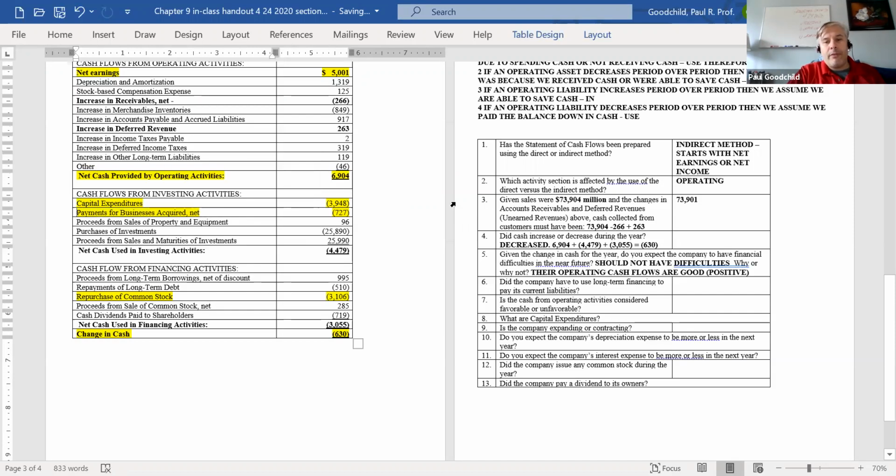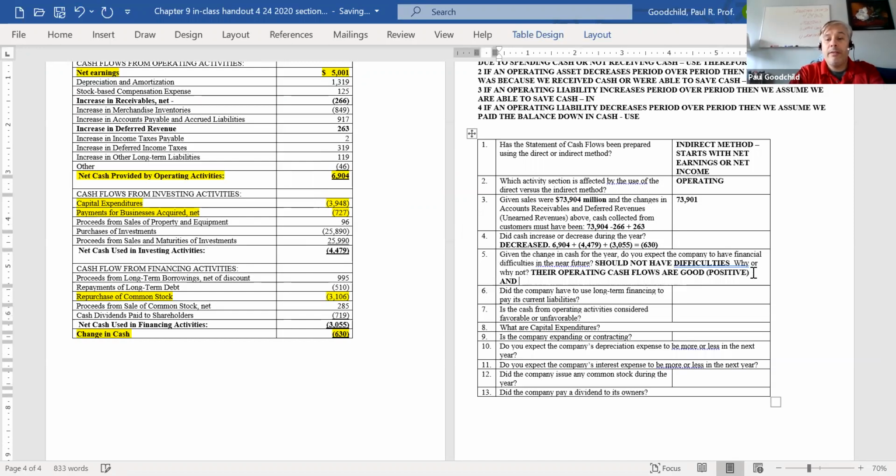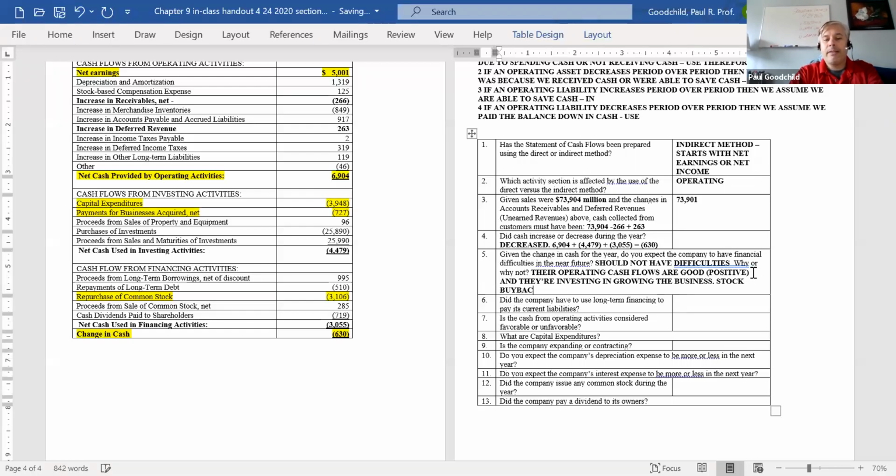So if you look, their operating cash flows are good and they're investing in growing the business. Stock buybacks can be halted at any time.